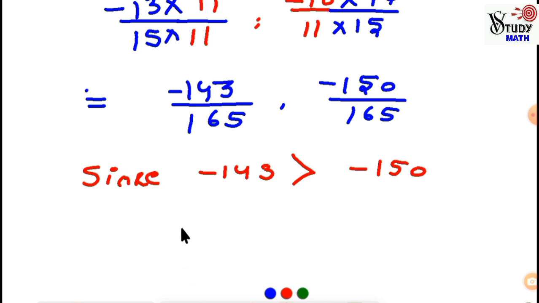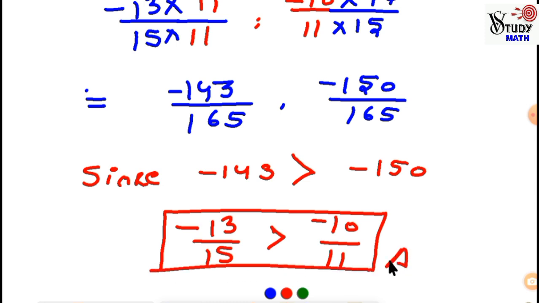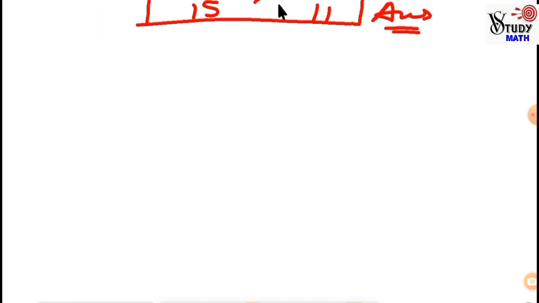So negative 13 upon 15 is greater than negative 10 upon 11, and this is the answer of this problem. Now move to the next problem.